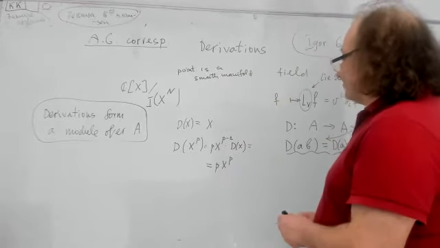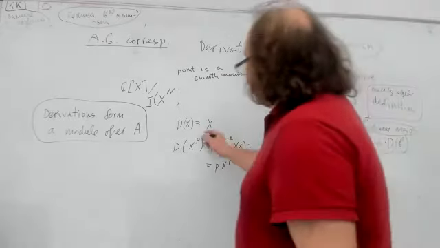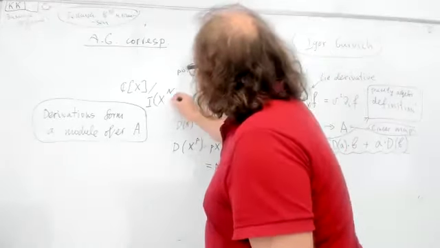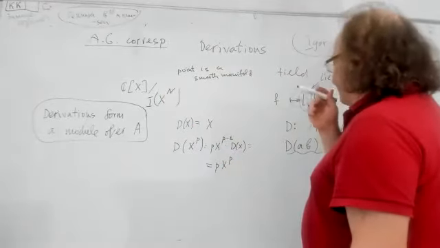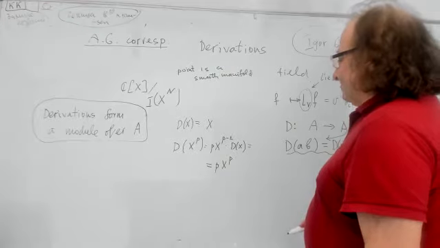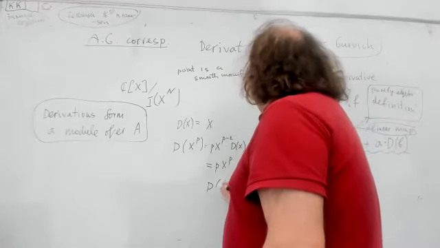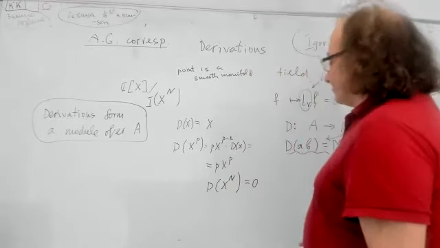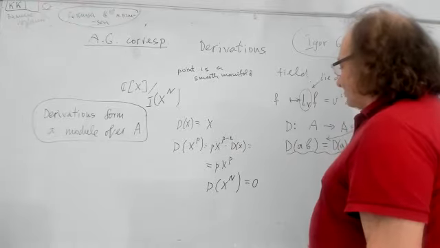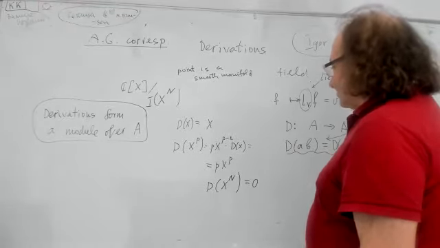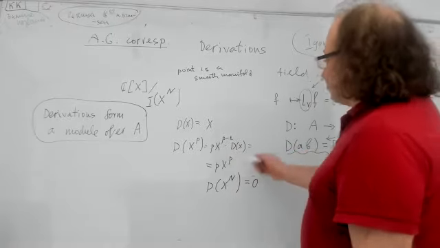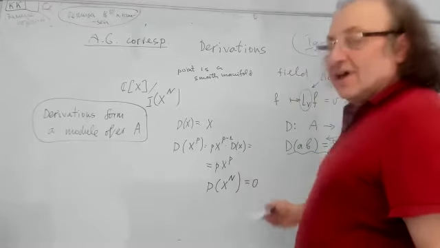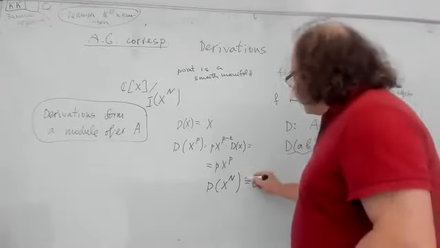Now, what is important is that a derivation should keep the factorization condition, namely d of x to the n should be equal to 0. In this case it is true, because if we put n here, we get n here, and x to the n is equivalent to n. Okay?